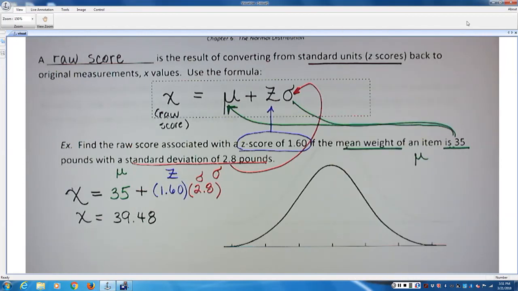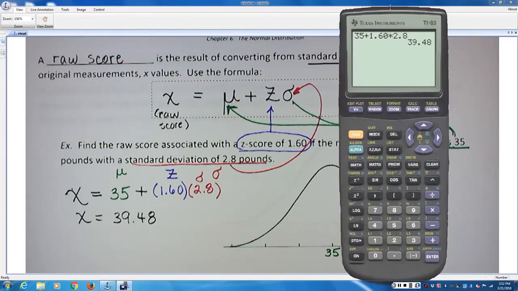And then I can confirm this by putting the mean on the curve and then adding standard deviations. 35 plus 2.8 is 37.8, plus 2.8 would be, let's see, I don't trust myself this late in the afternoon doing arithmetic, so I won't.